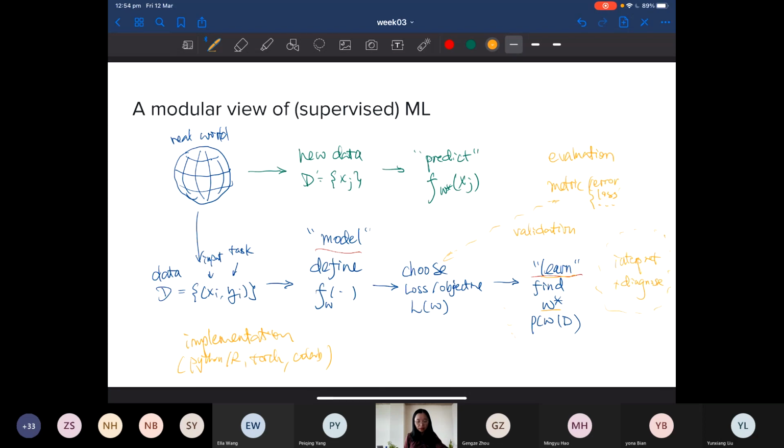In practice, some people will say your Python pickle file that stores the model parameters is the model, right? Or some people will loosely call this whole thing down the bottom the model. And learning is also, yeah, whether deciding on the hyperparameters is learning or not. So when we talk about these terms, we need to be precise. I would say there is no one single best way to do this.